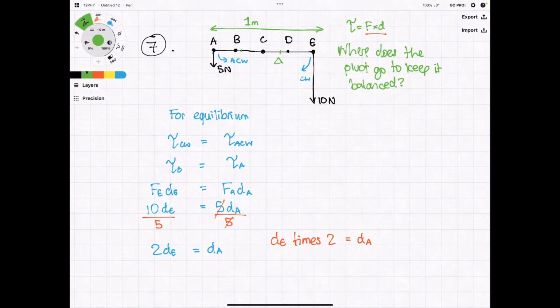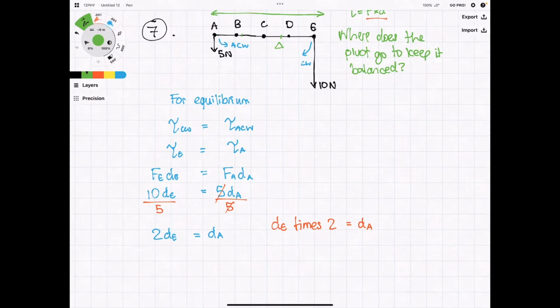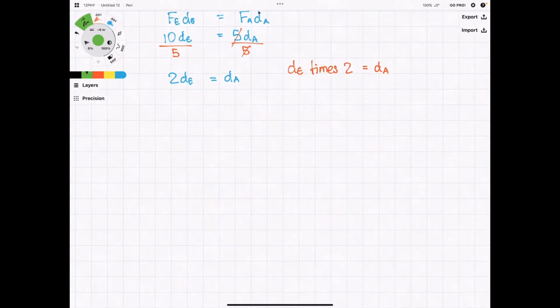All right, let's move on. Think about question 8, shall we? Scroll on down. Question 8. Parallel forces applied to a light rod. A light rod means that the rod shouldn't weigh very much or anything at all.